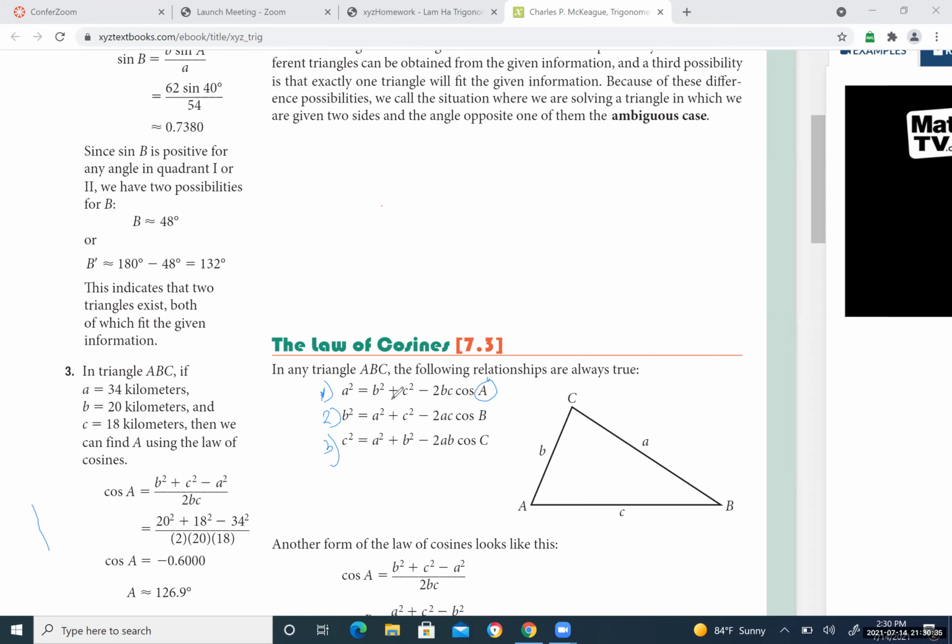The textbook doesn't give you specific steps, but I would show you. For a squared equal to b squared plus c squared minus 2bc times cosine A, I'm going to subtract b squared and c squared from both sides.